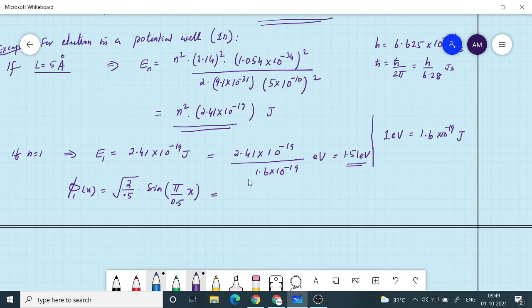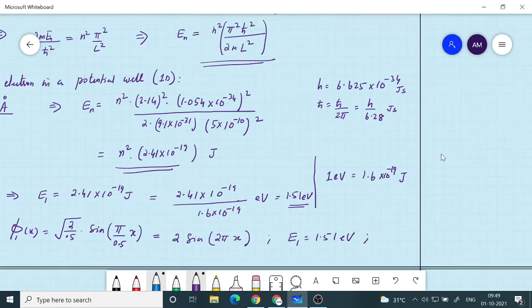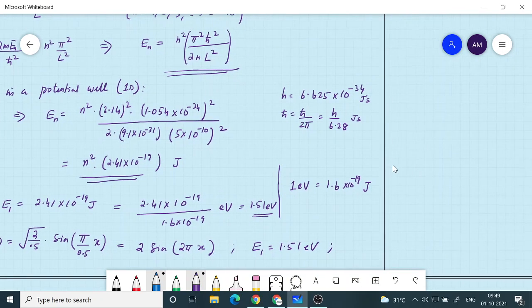So dividing by 0.5 is multiplying by 2, so this will be 2 sine 2 pi x. Okay, so this is the eigenfunction, where the eigenenergy is 1.51 electron volt. So let us plot this eigenfunction.